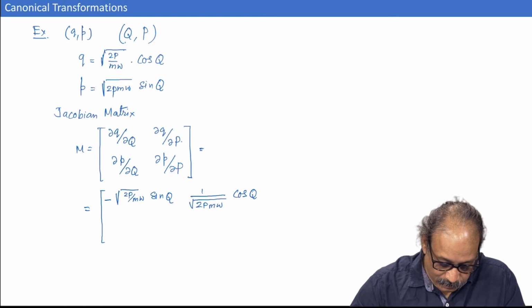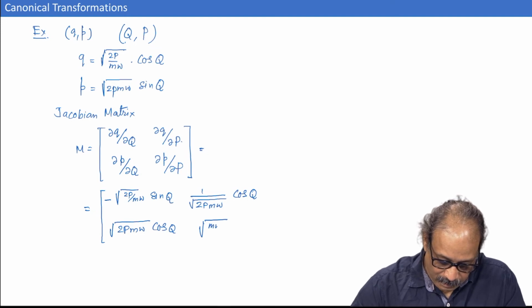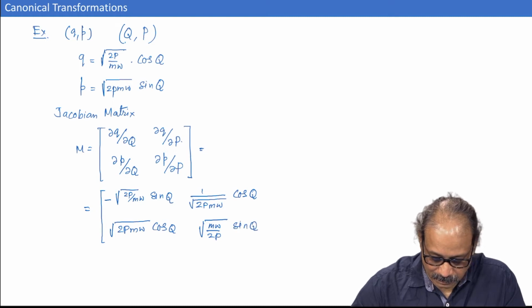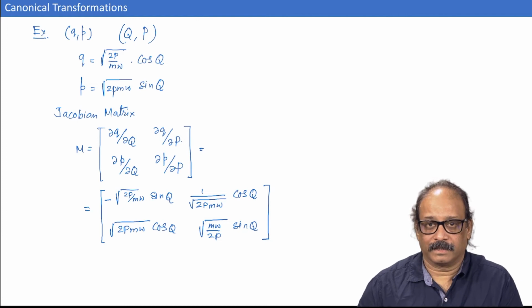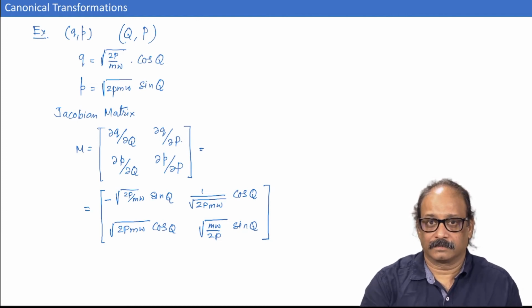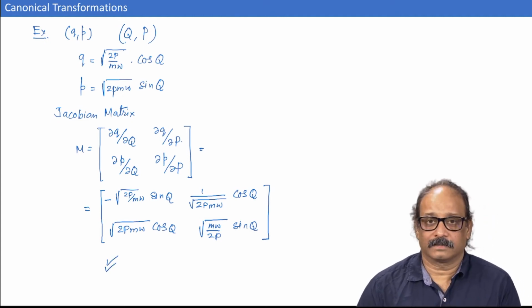Now, for the capital Q, this will be square root of 2P m omega into cos of Q, and finally, here you have square root of m omega by 2P times sin Q. Okay. So, this is your Jacobian matrix, and now you just put it back into the symplectic condition and see whether this transformation is canonical or not, and you will find that this is actually a canonical transformation.